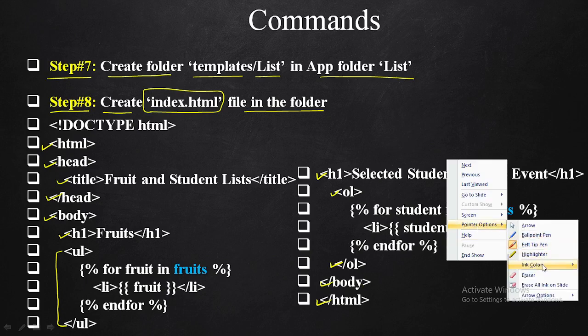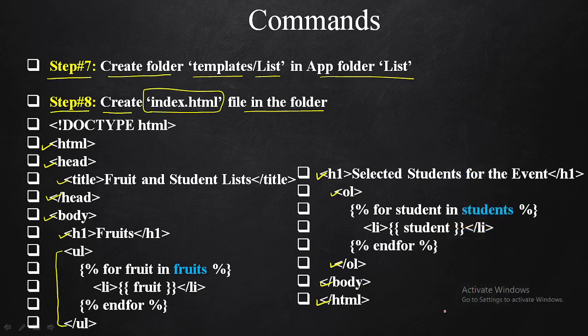Which part is new here is this one. This is called Django template tags. Inside this HTML code, Django template tags are embedded. So during execution, when this tag is executed, it will add the data and generate an HTML file.